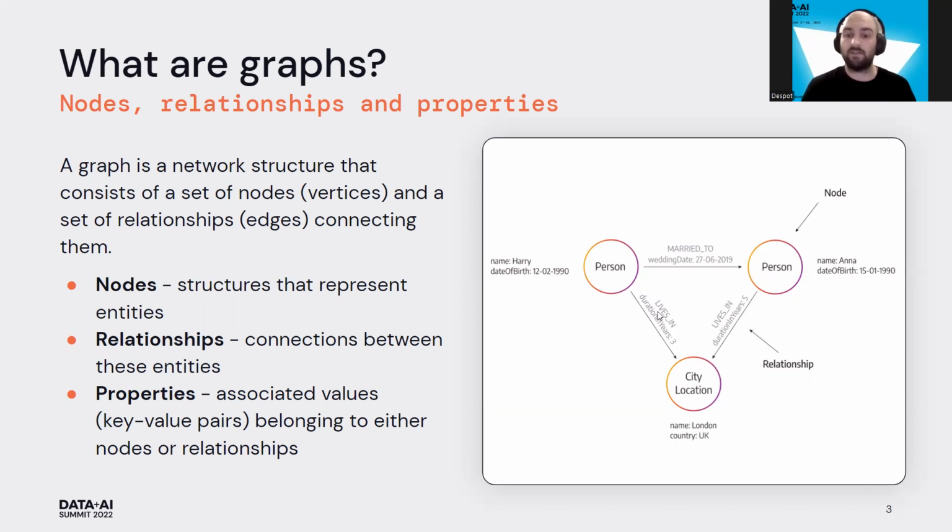For example, this relationship between a person and a city is of the type lives in. The relationship between these 2 people is of the type married to. These relationships can also have properties. For example, wedding date. These properties can be strings, integers, date, time, objects, and so on, just like you will find in relational databases.